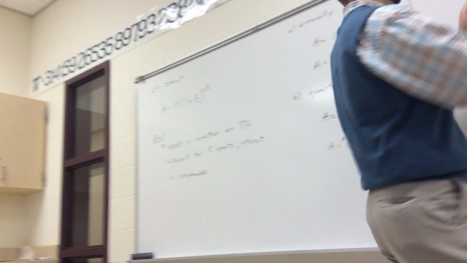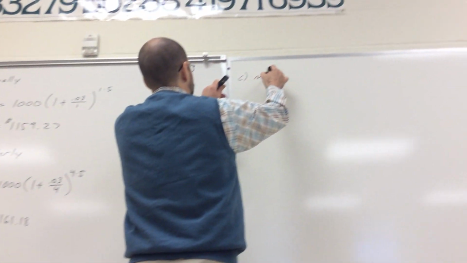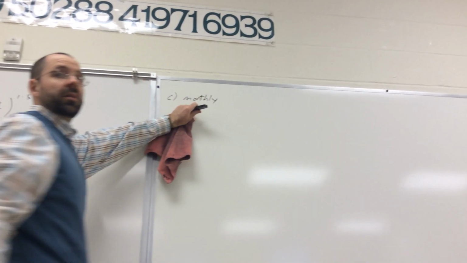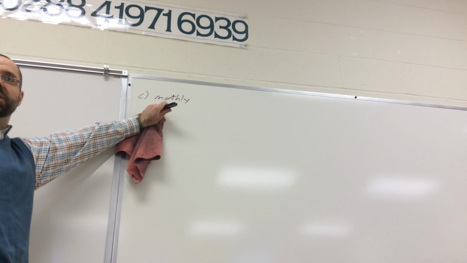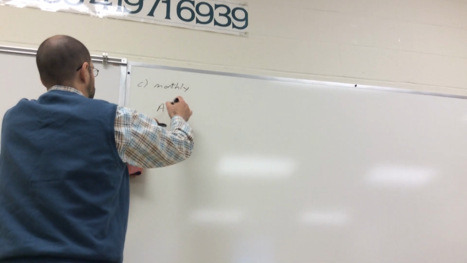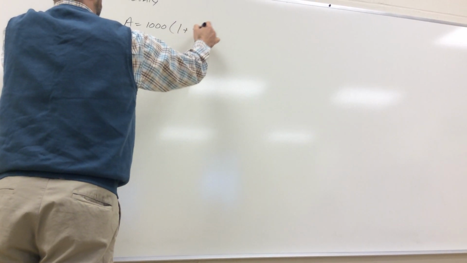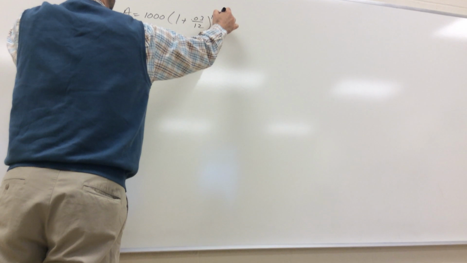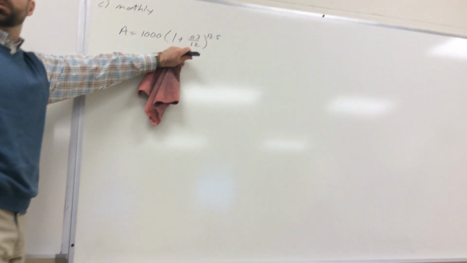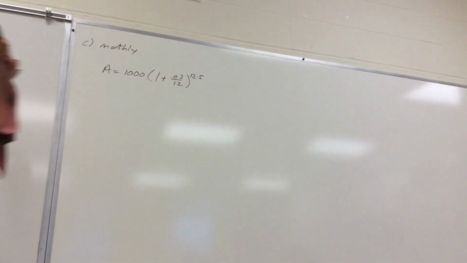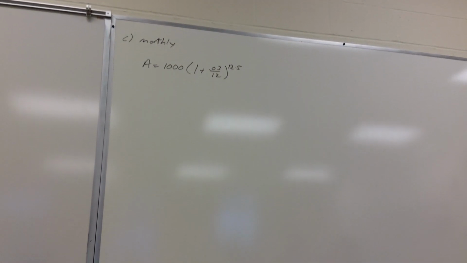Okay, so now for part C, we're going to compound monthly. So monthly is once a month, obviously. And then that would be 12 times a year. So it's 1,000 times (1 plus 0.03 divided by 12) to the 12 times 5 power. So now you can just go back and change your 4s to 12s.